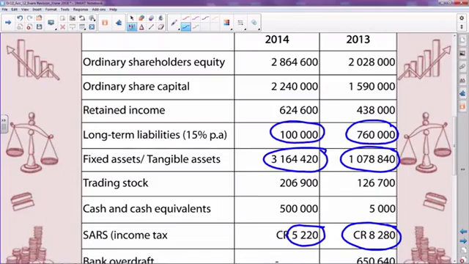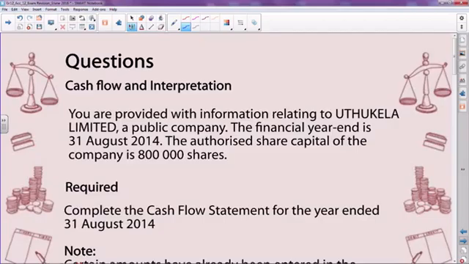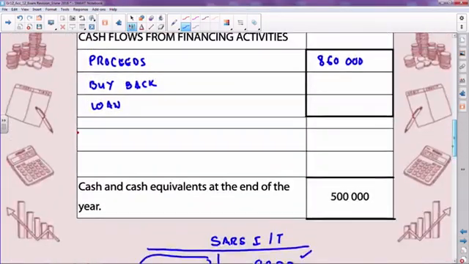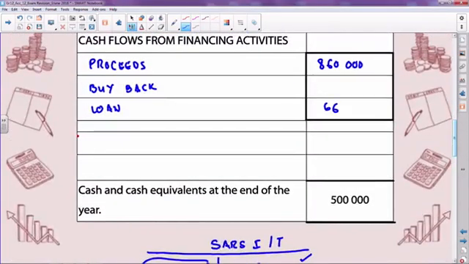Obviously, the loan has decreased. And if your loan has decreased, it means that you have paid back the loan. So 760 minus 100, simple guys, 660,000. And here, you put in the 660,000. Remember, your loan has decreased, so it will be in a bracket.